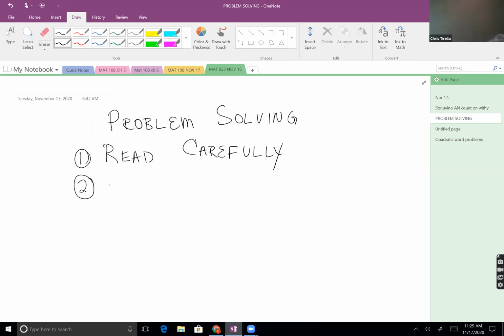And so we're going to need variables. And so we have to always define our variables. And that involves those let statements.